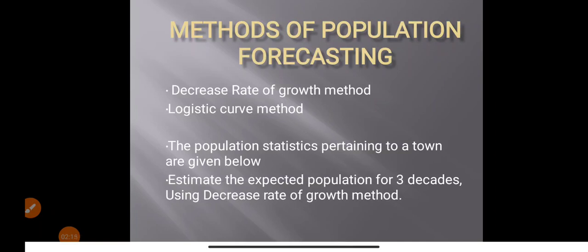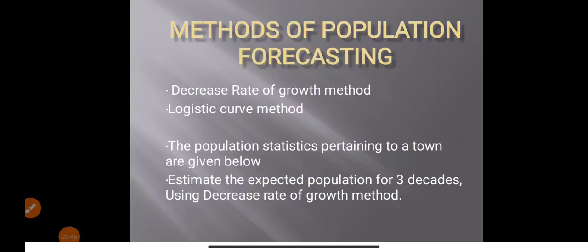But this particular logistic curve method is based on the hypothesis that it does not produce extraordinary changes in the birth, deaths and migration, and the population would probably follow the growth curve characteristic of living things within limited space and with limited economic opportunities. So that is the logistic curve method.